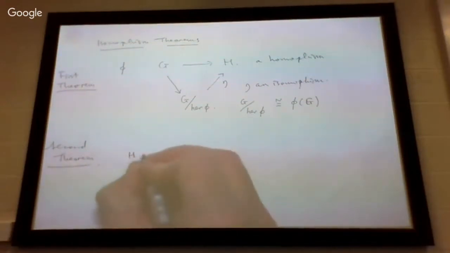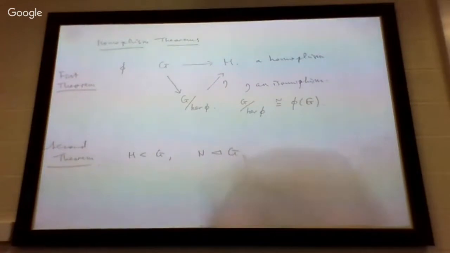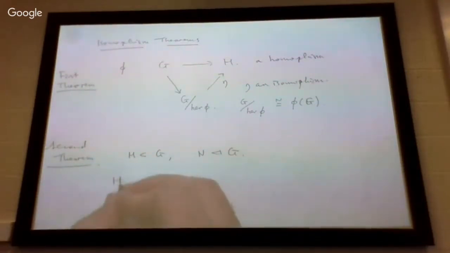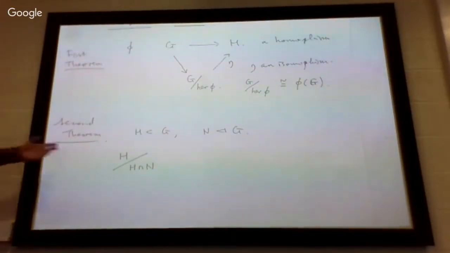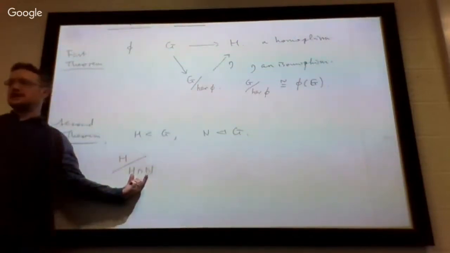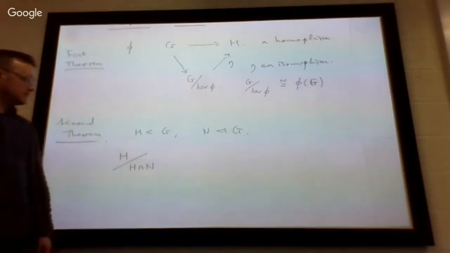So H a subgroup of G, N a normal subgroup of G. And it said quite a few things, but the isomorphism bit of it was that we can take a factor group of H with the bit of N that intersects H. Part of some of the earlier conclusions of this was proving that H intersect N will be normal in H. So this is a valid factor group to look at.